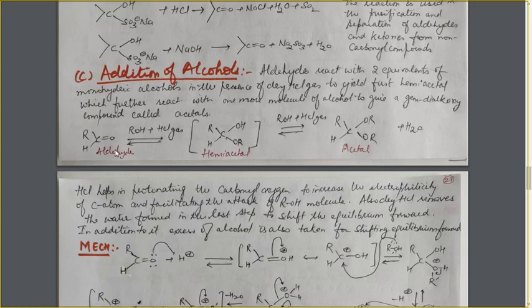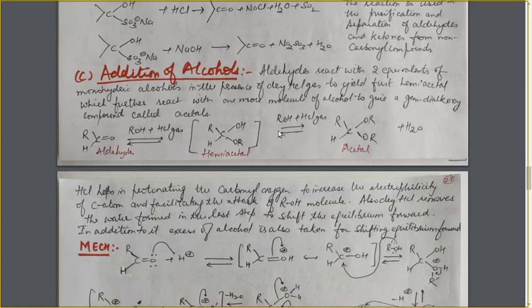Let's again start from this reaction, how the reaction is taking place in this aldehyde. First of all, this alcohol molecule, this OR part as nucleophile, will go to this carbon atom, and this oxygen will combine with the hydrogen atom to form this hemiacetal.